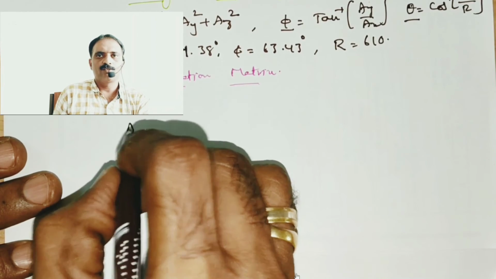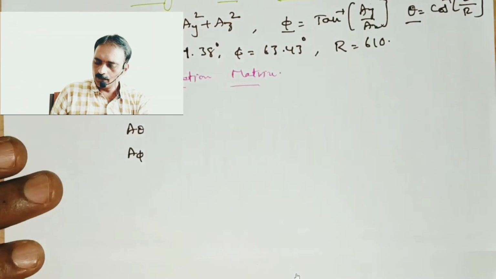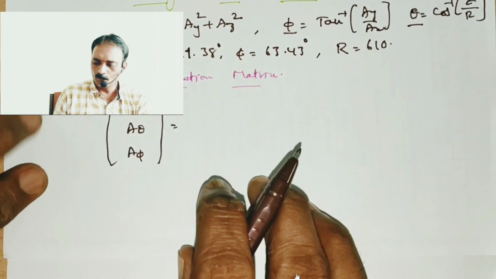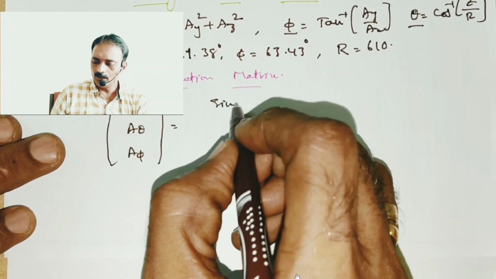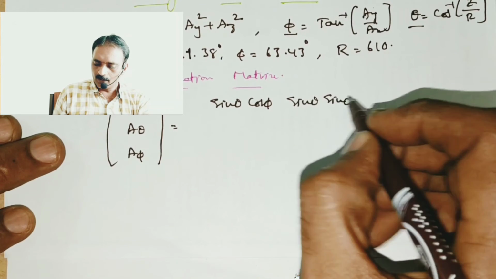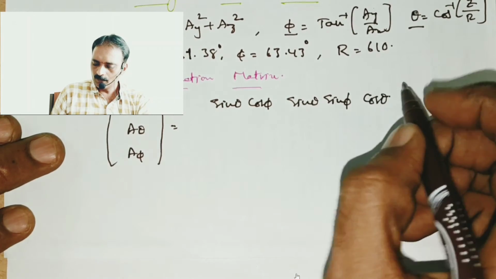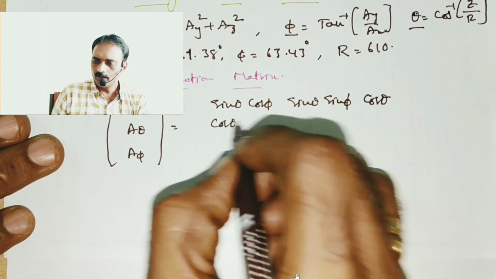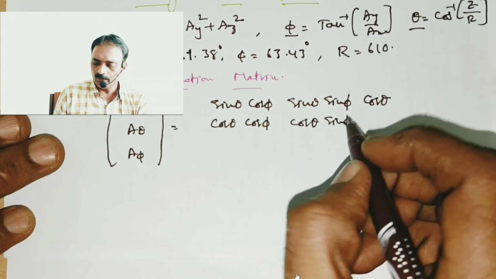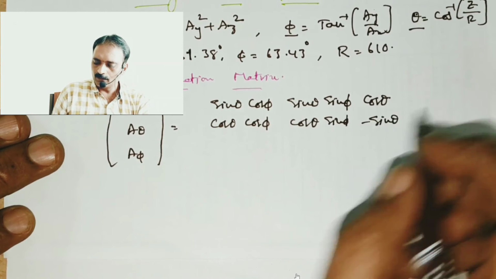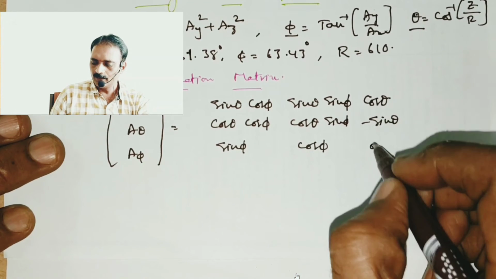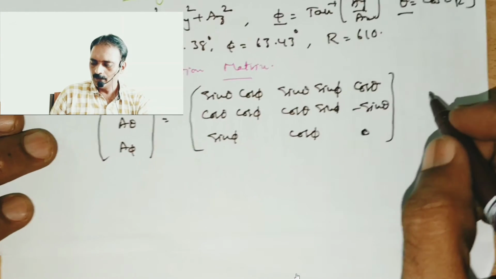These are the three coordinates in spherical system, and that is equal to, in order to have the transformations, we know sin theta cos phi, sin theta sin phi, cos theta; cos theta cos phi, cos theta sin phi, minus sin theta; and the third row is minus sin phi, cos phi, 0; multiplied by Ax, Ay and Az.